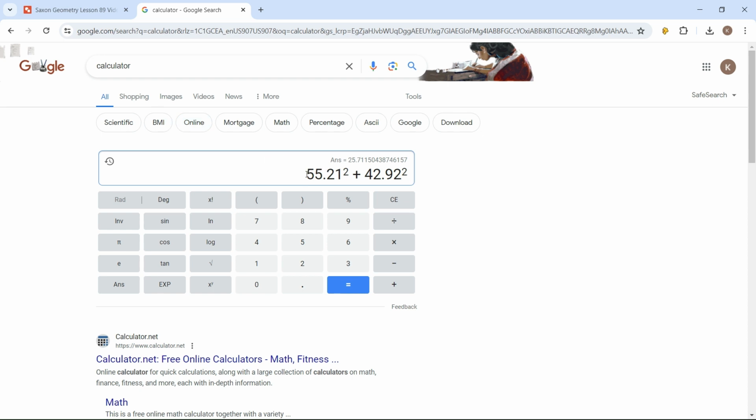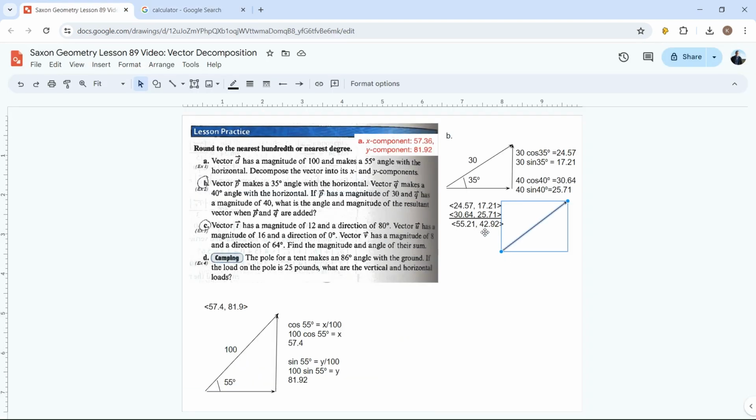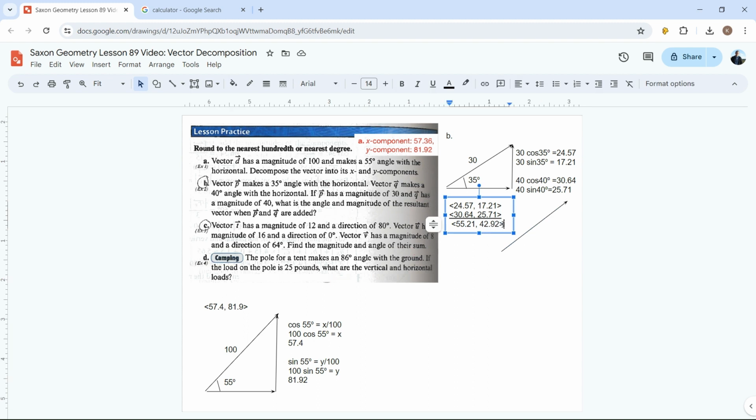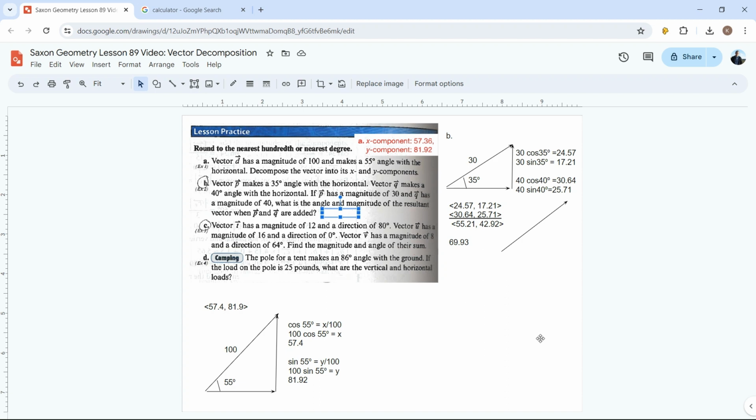And then I need to take the square root of all of this, 69.93. So I'm going to say that my magnitude is 69.93.